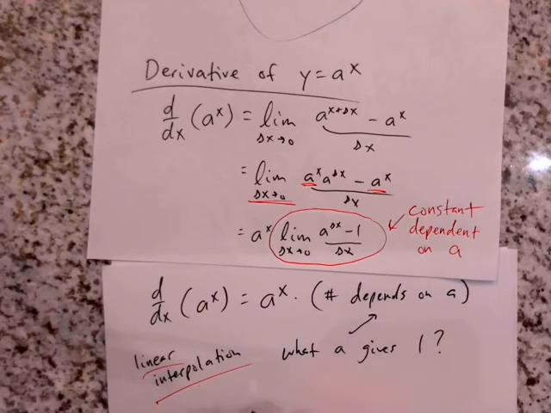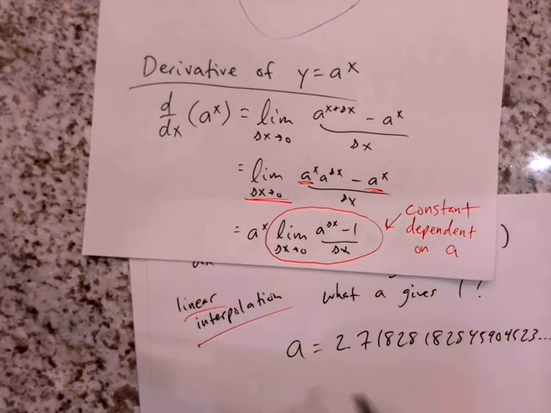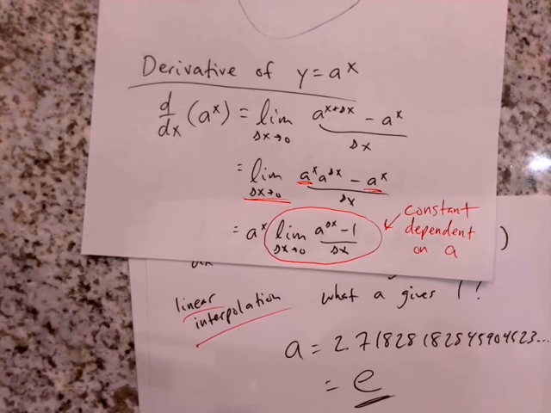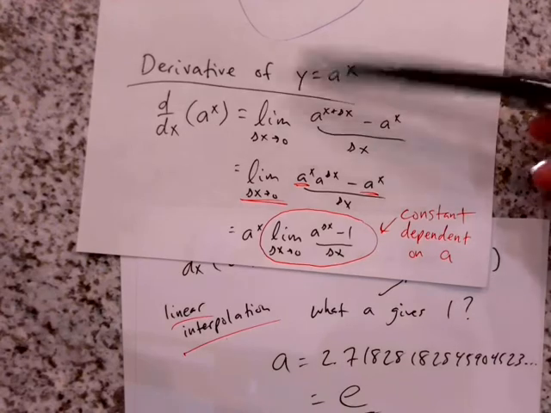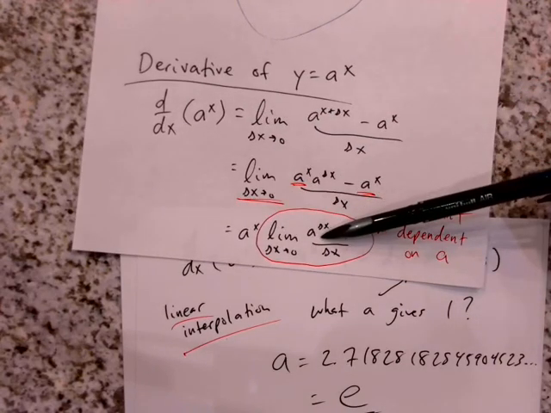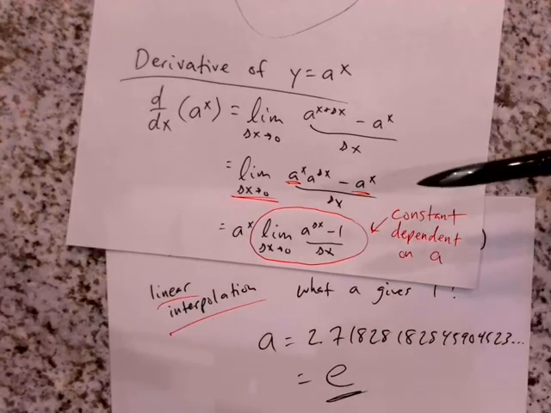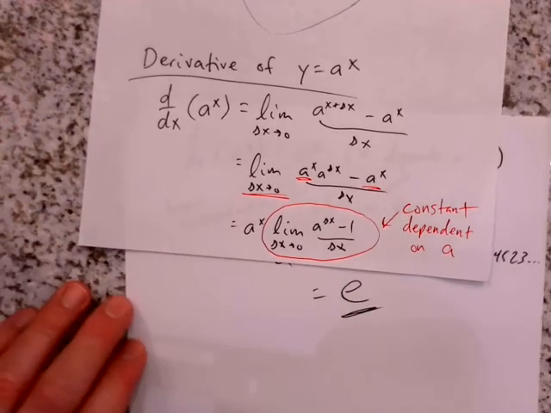And it turns out that that number is 2.71828, 4590, 4523, and so on, which we know as e, which is pretty cool. We just figured out that the derivative of any exponential function is itself times some constant. And we also figured out that if that a to the x was e to the x, that differentiates to itself.